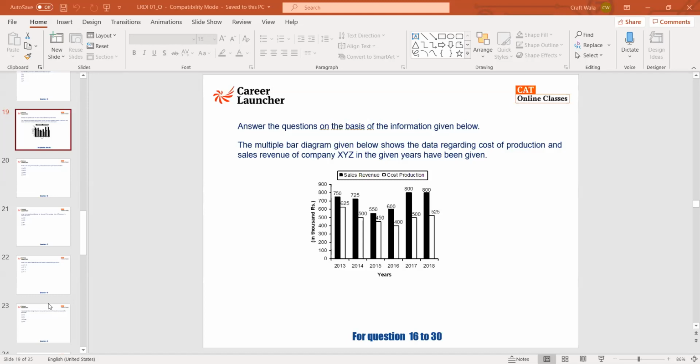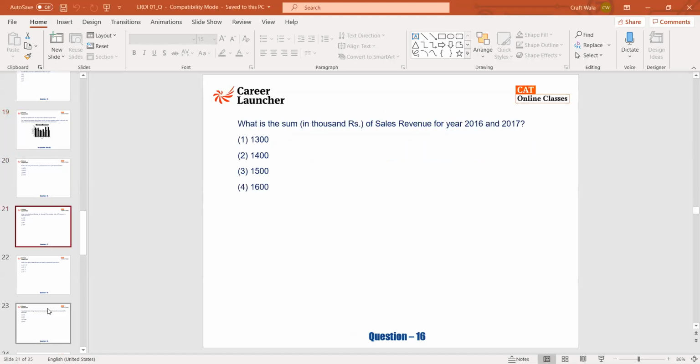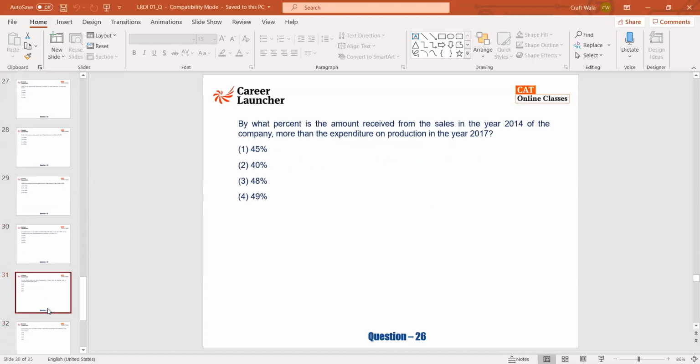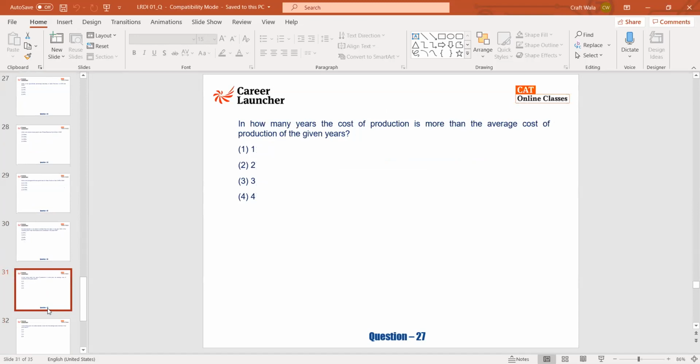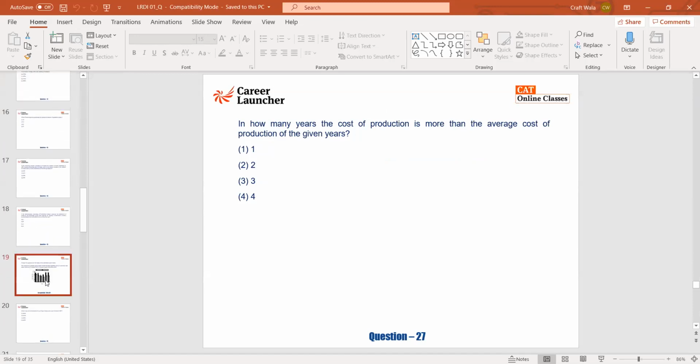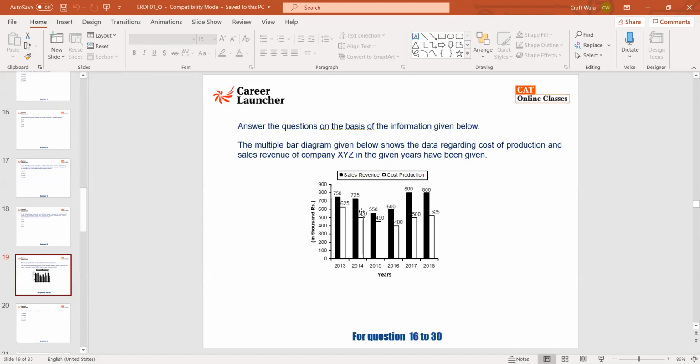Okay, question number 27. In how many years is the cost of production more than the average cost of production? So what is the average cost of production? I have to add these numbers.